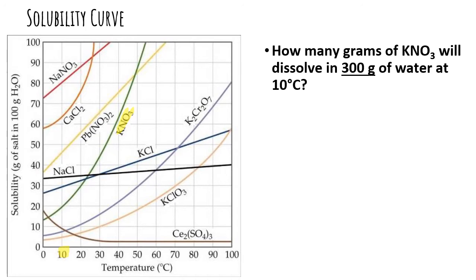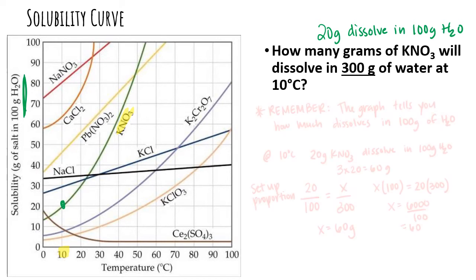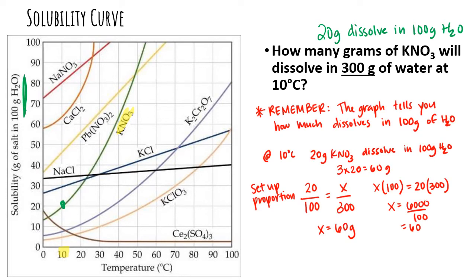And when we follow that 10 degrees Celsius line to the potassium nitrate curve, we get that 20 grams will dissolve in 100 grams of water. Because remember, this axis is in 100 grams of water. Now, my question particularly asks us for 300 grams of water. So what are we going to do?